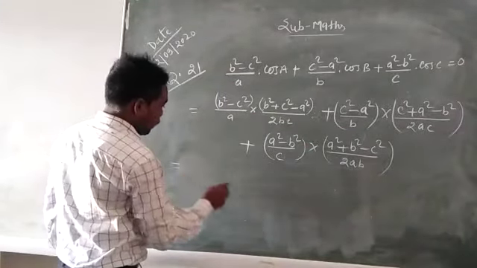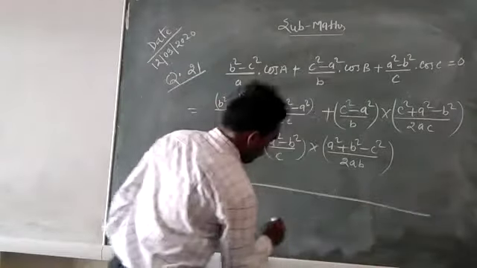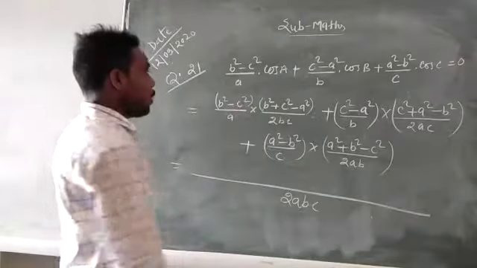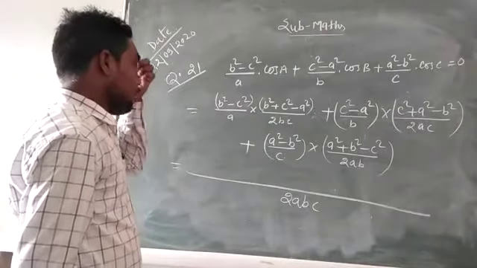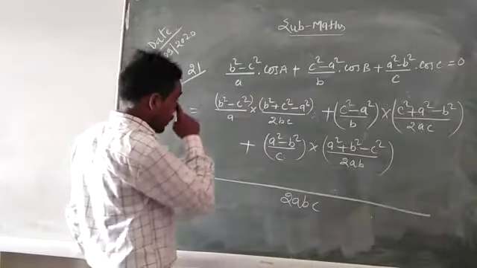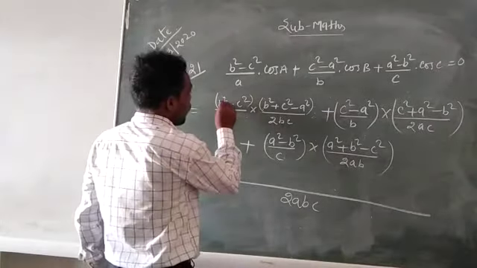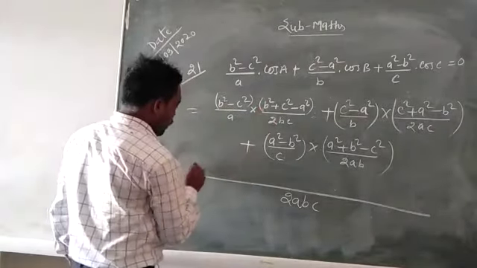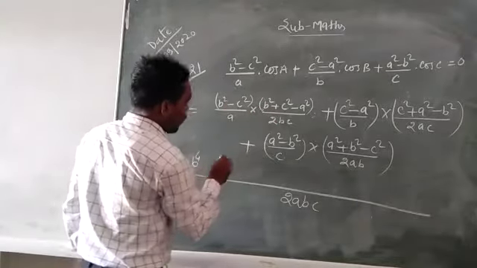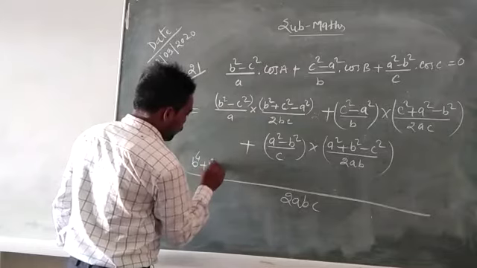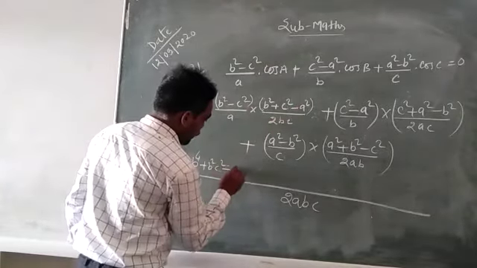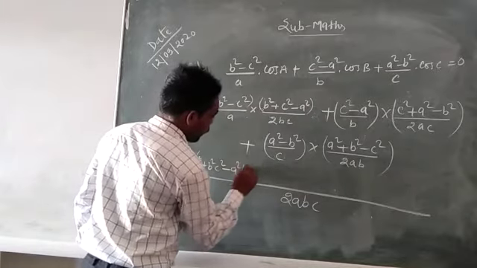We get 2abc in the denominator. Multiplying out the numerator: b square with b square gives b power 4, b square with c square gives b square c square, and b square with a square gives minus a square b square.